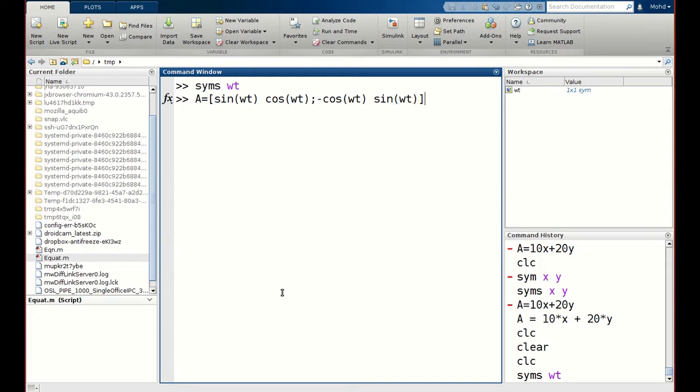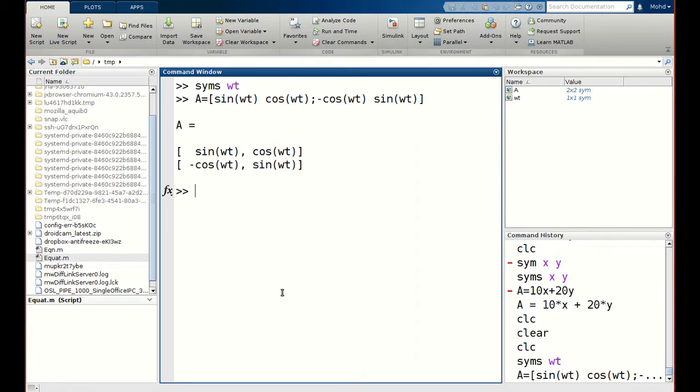Okay, let A be this matrix. So A is sine omega t, cos omega t, minus cos omega t, sine omega t, and we want to know the inverse of this matrix.